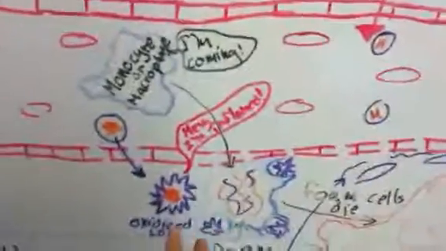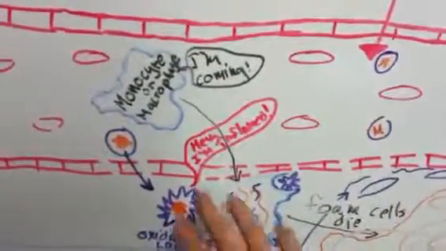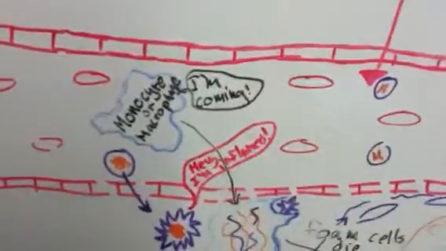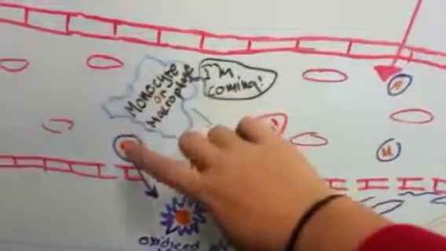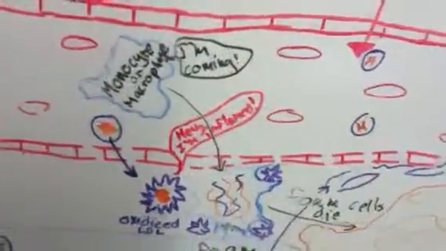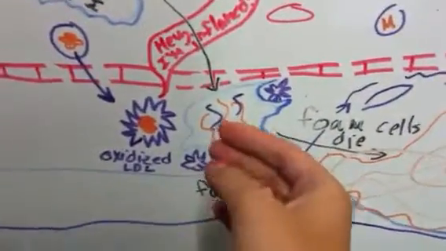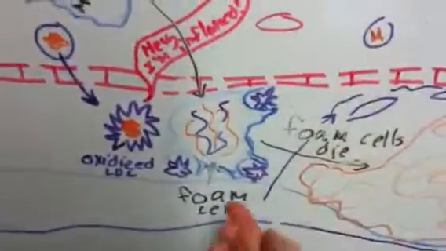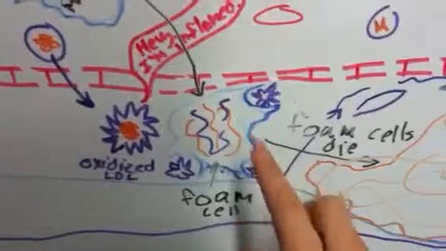And then these oxidized LDLs are going to cause an inflammatory response. They're saying, hey, I'm inflamed, come get me, white blood cells, right? So then these monocytes, which are now macrophages because they're responding to this inflammation, they're going to come down here and they're going to eat up all of these oxidized LDLs and the lipids inside of them. And then once they consume those, it's called a foam cell.